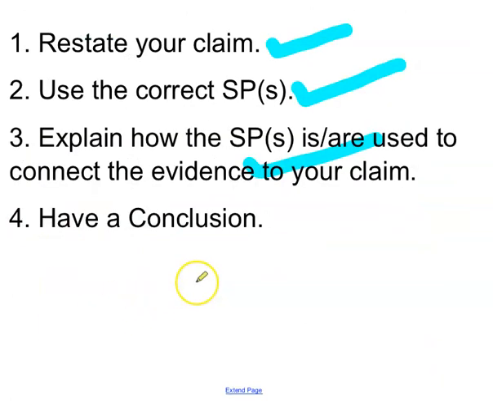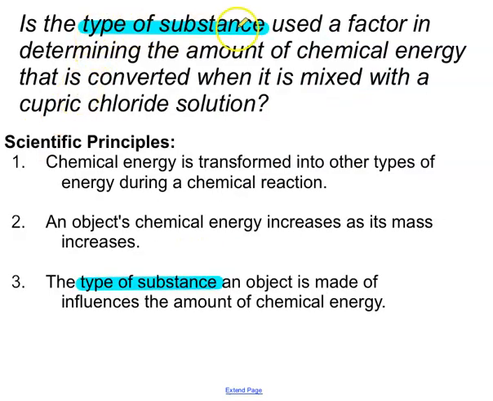And then the last thing you need to do is have a conclusion. And the conclusion might start out with therefore, and just talk about what you did. Therefore, the type of substance is a factor in determining the amount of chemical energy.